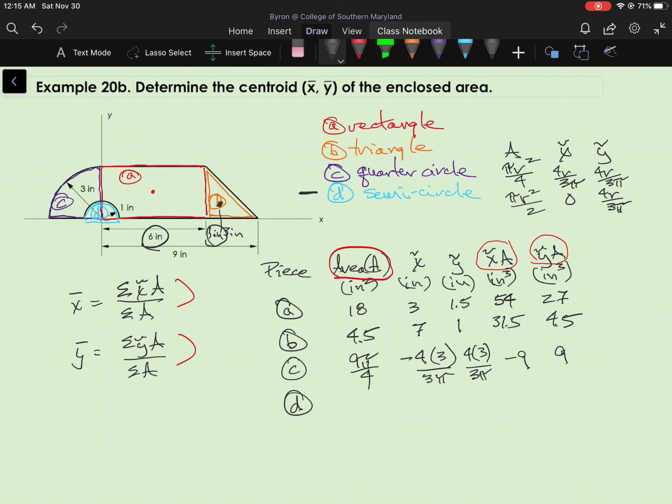Okay. So the area of a semicircle is pi r squared over 2. So r is 1 here. So it's going to be pi over 2, but it's negative.